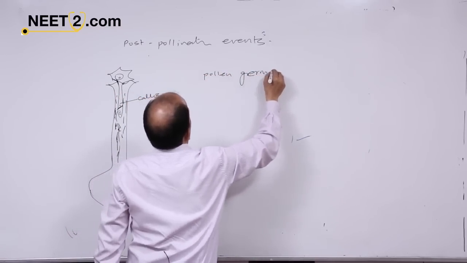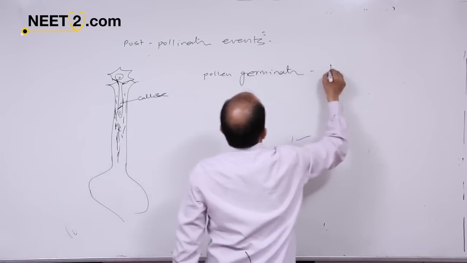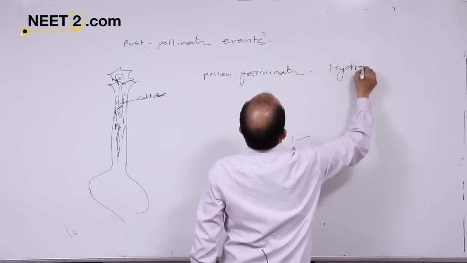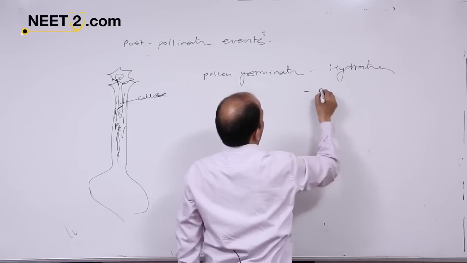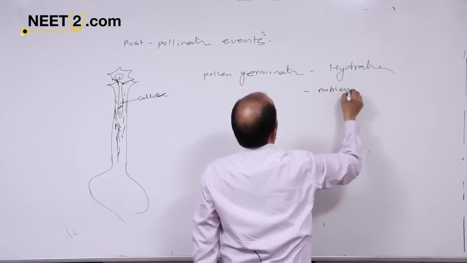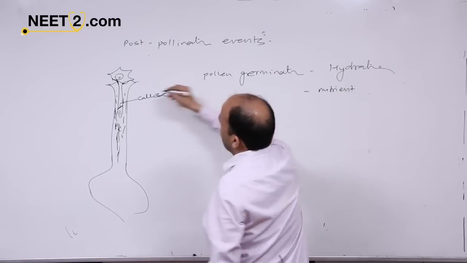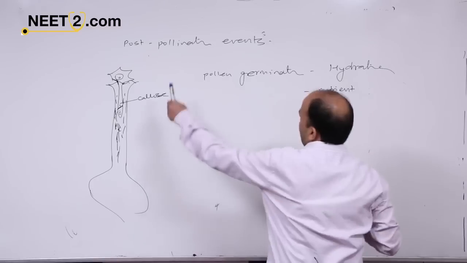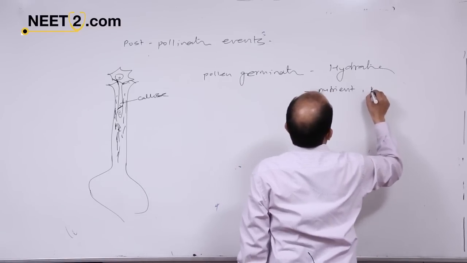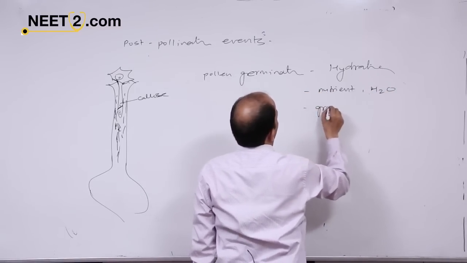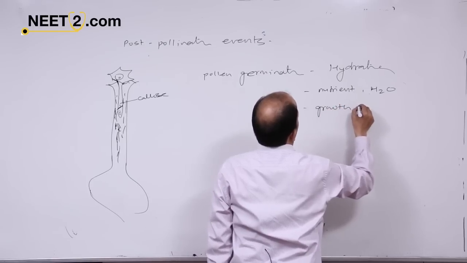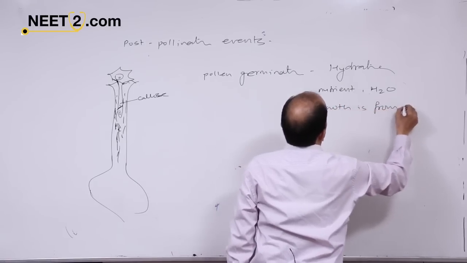In the case of pollen germination, the first event will be hydration, because the pollen grain was highly dehydrated when it arrived. The nutrient and water will be supplied from the apical papilla of the stigma. Nutrient and water. Growth will occur from the apical portion. Growth is from the apex.